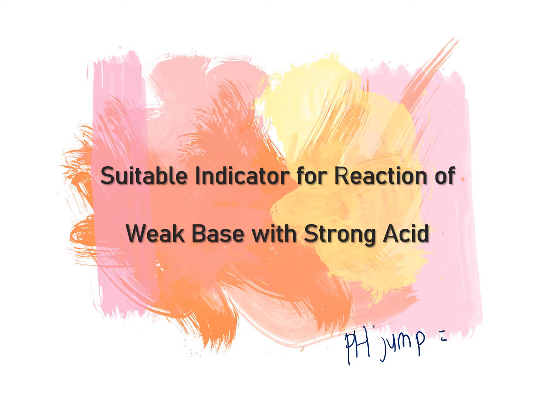So, the colour of the indicator must change within the pH jump. pH jump kita sekarang berapa? Weak base with strong acid, 3 to 7. Okay, so, pH jump, indicator mesti bertukar dalam range 3 ke 7. Kalau dia berada dekat luar range, okay, dia tak boleh lah. Okay, so let's look at some example.